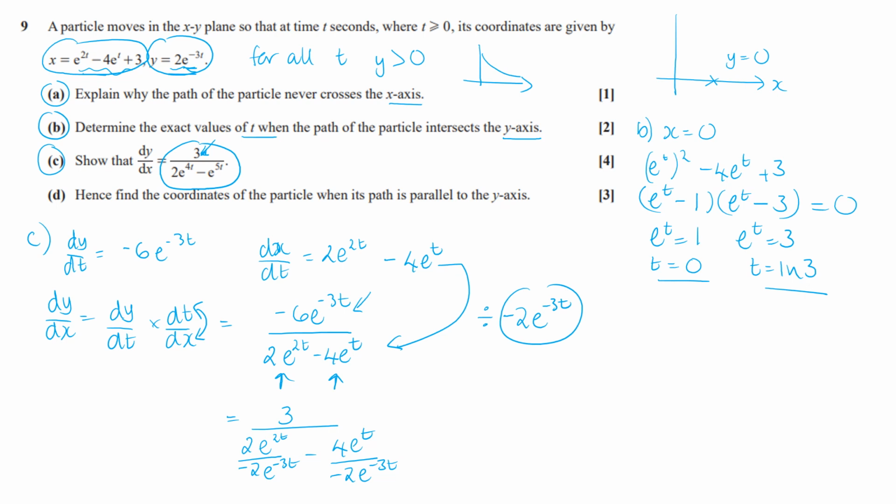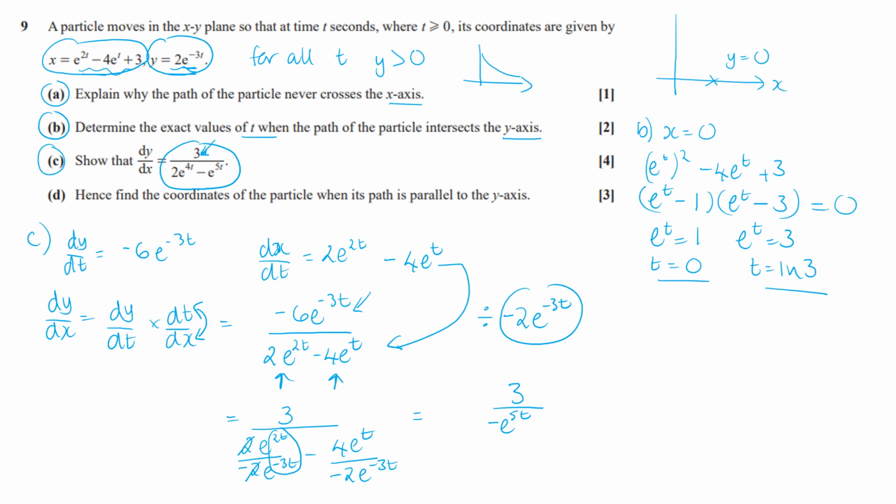On the top it's given us the 3, but on the bottom you can see that these 2's are going to cancel, and then you're going to use your rules of indices to take these away. 2t minus minus 3t will give us 5t, so that will be minus e to the 5t.